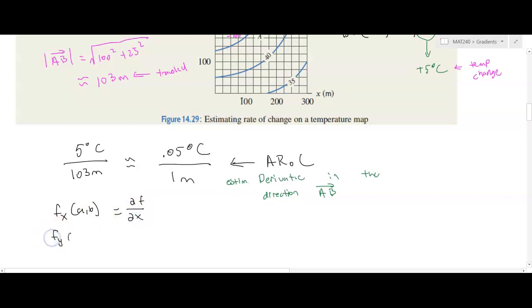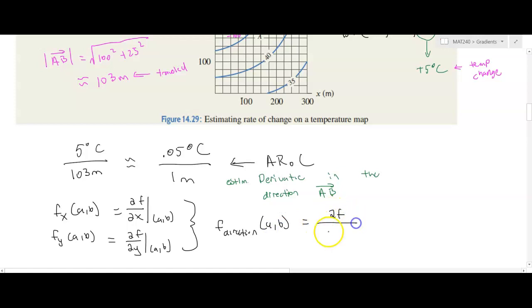We've written that f sub y at a point is the instantaneous rate of change in f per unit change in y, of course, at the point A, B. And so in general, we like to extrapolate and say that the rate of change in f in any direction at a point could be written as the change in f per unit change in direction at the point A, comma B.